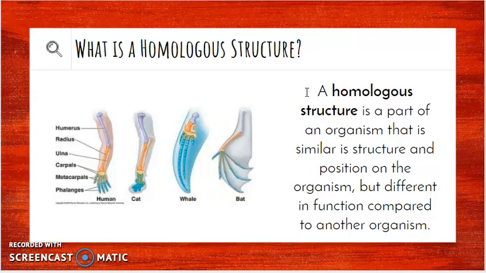So a homologous structure, homo meaning same, is a part of an organism that is similar in structure and position on an organism, but it's different in how it is used, or its function, compared to other organisms. So if we look at a cat, a human, a whale, and a bat, all of these different colors are showing similar structures that are in a similar location. However, how they're used is different depending on the organism.